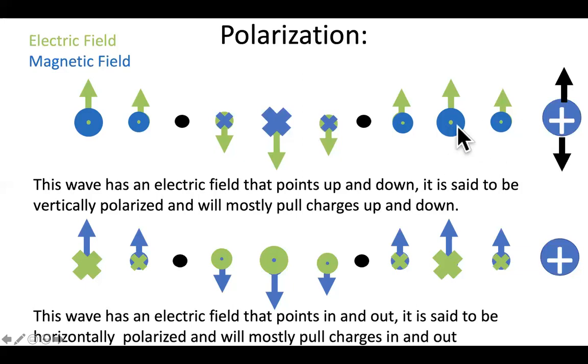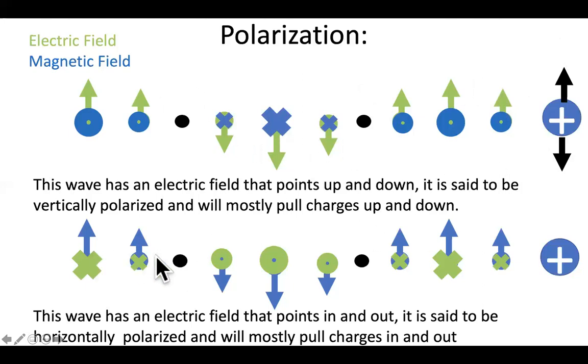It does, but it turns out it's kind of a weaker role. Primarily, the charge gets dragged back and forth, mostly by the electric field in most cases. The magnetic field can be important in other situations. So in this case, the charge gets moved up and down, just like the direction of the electric field.